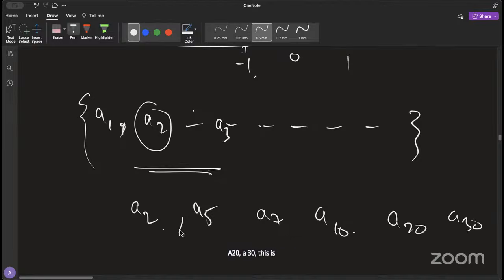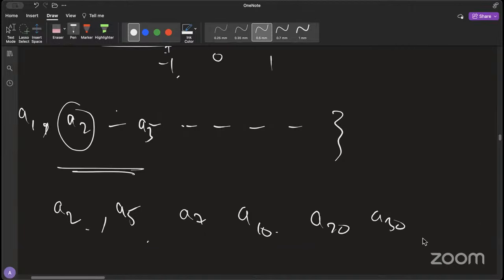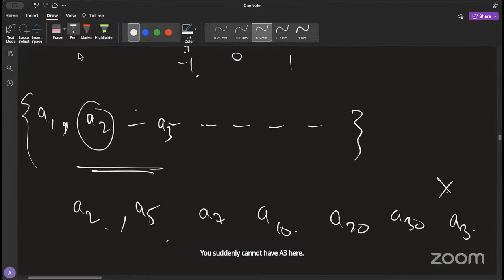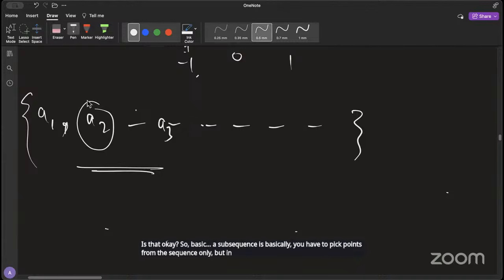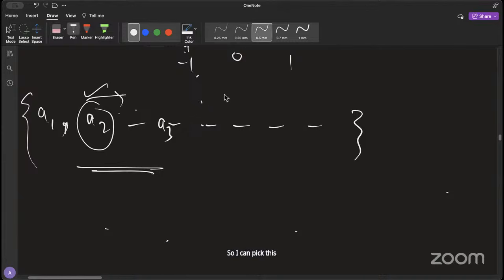This is fine. Just keep going in this order. Now you suddenly cannot have a3 here. That will be incorrect. Is that okay? So a subsequence is basically you have to pick points from the sequence only, but in this specific order only. So I can pick this one, then this one, then this number, and I can write them in this order here.